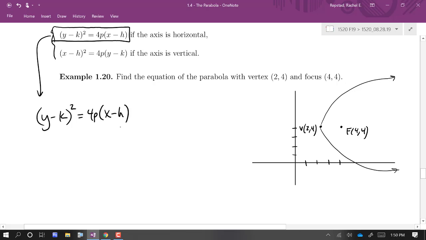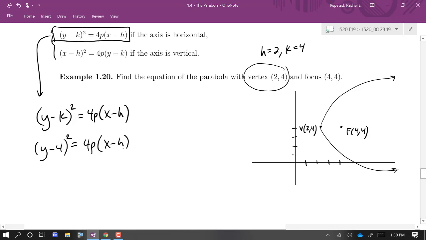And we need to fill in h and k and p, and they gave us h and k, right? That's just the coordinates of the vertex. So the vertex (2, 4) means h is equal to 2, k is equal to 4. So (y minus 4) squared is equal to 4p times (x minus h).